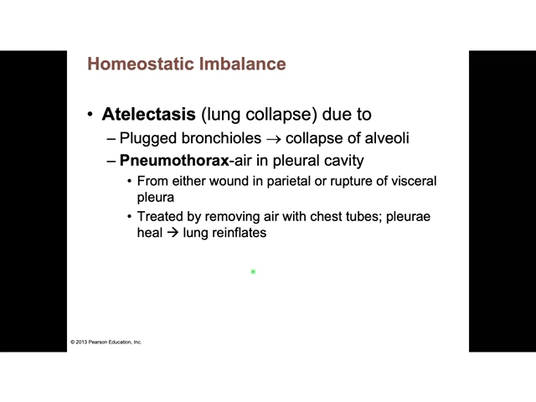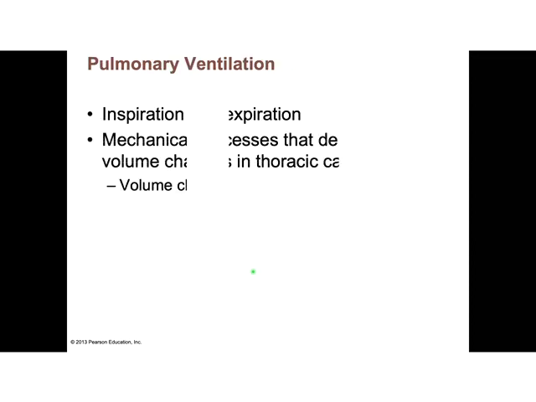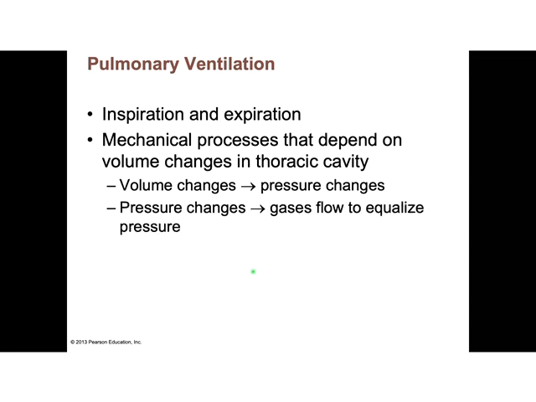And what we have to do is get the air out, patch the hole, and restore the pressure difference. Okay? Pulmonary ventilation is just the act of inspiration and expiration that moves the air in and out of the lungs. Okay? Remember that there is a law called the perfect gas law.